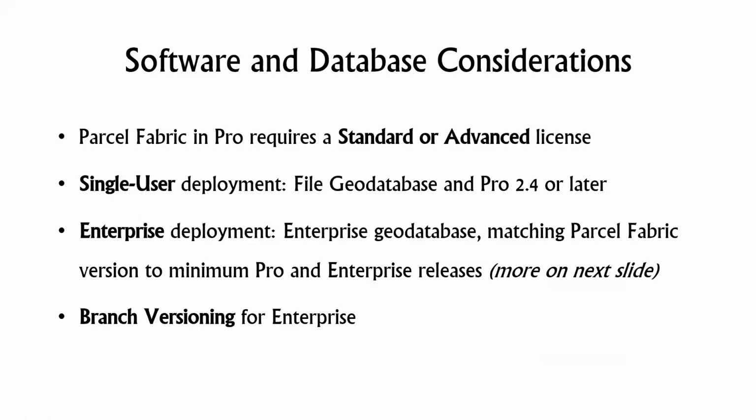If you deploy your Parcel Fabric in an enterprise environment, you need to have an enterprise geodatabase, a matching Parcel Fabric version to the minimum Pro and Enterprise releases. In addition, branch versioning is also used in the enterprise deployment, and we will talk more about branch versioning in a few moments.